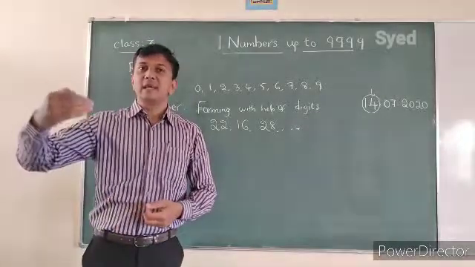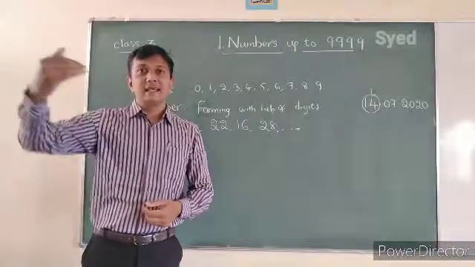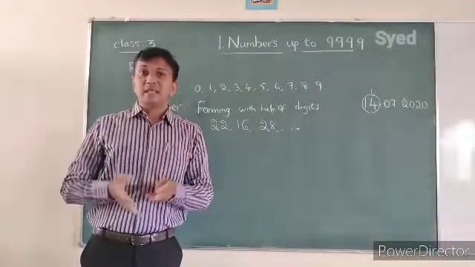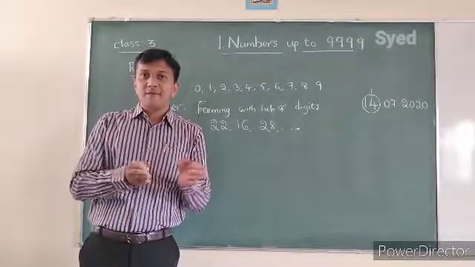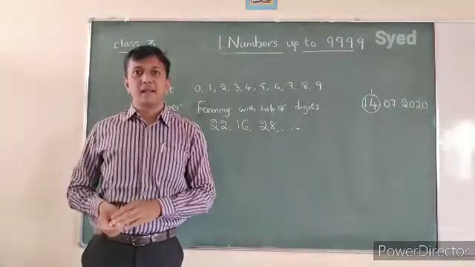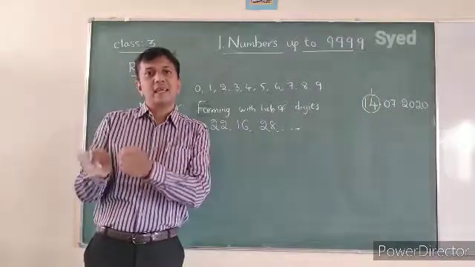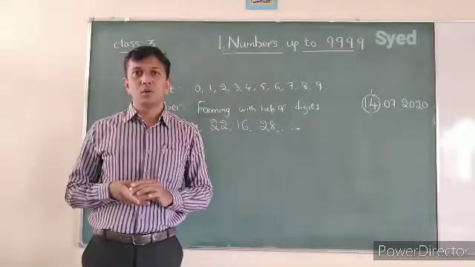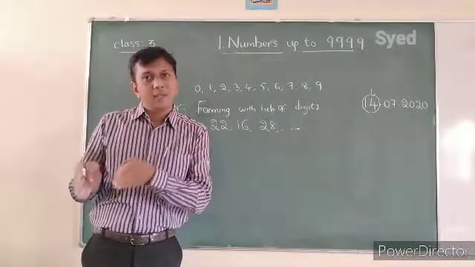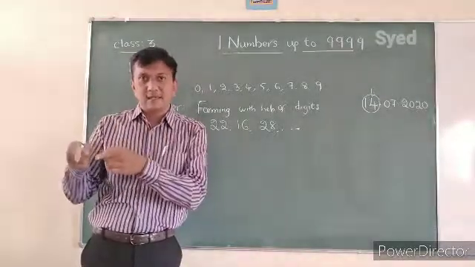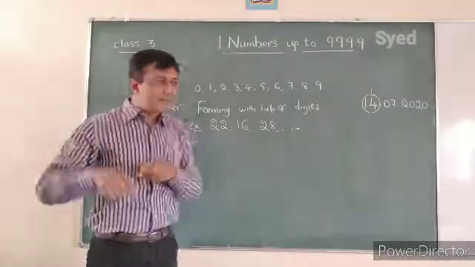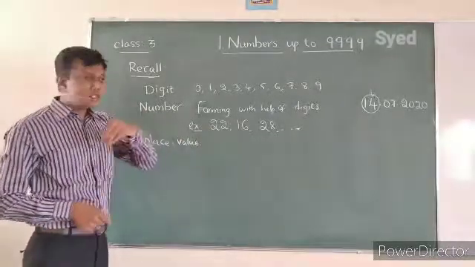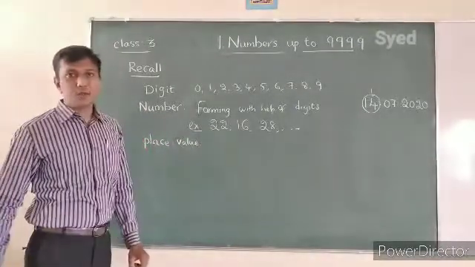Some students sit in the first bench, second bench, third bench, and in the first bench also we have sides, left side, right side and the middle. Suppose you are sitting in the middle and your friends are sitting beside you. Where you are sitting in the middle, that means you have some place, some position. Similarly, these digits also have some position. That position is called place value.